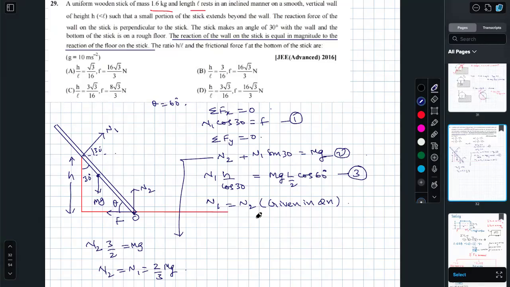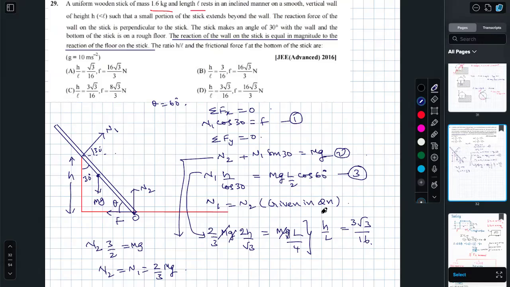Now you substitute that over here: 2 by 3 mg, 2h by root 3, equals mgL by 4. So therefore, h by L is 3 root 3 by 16.